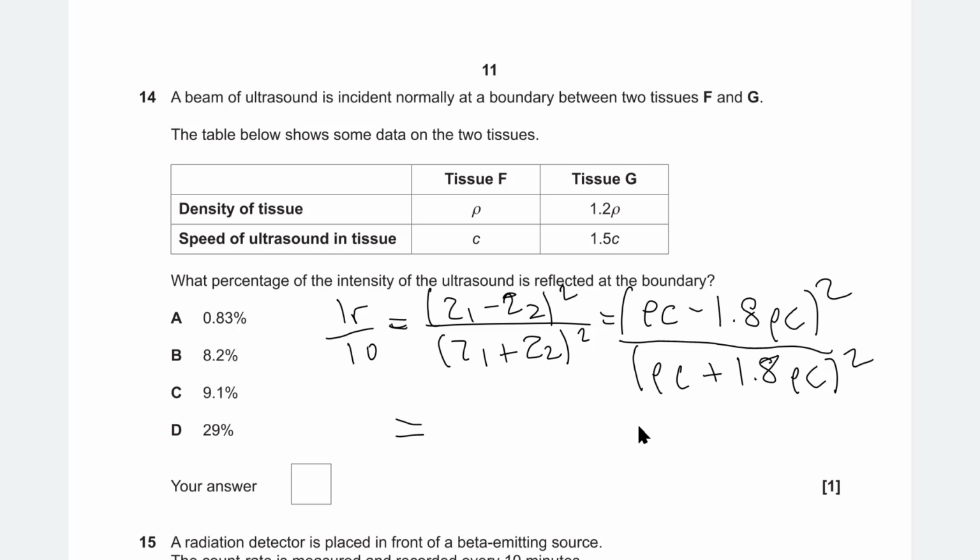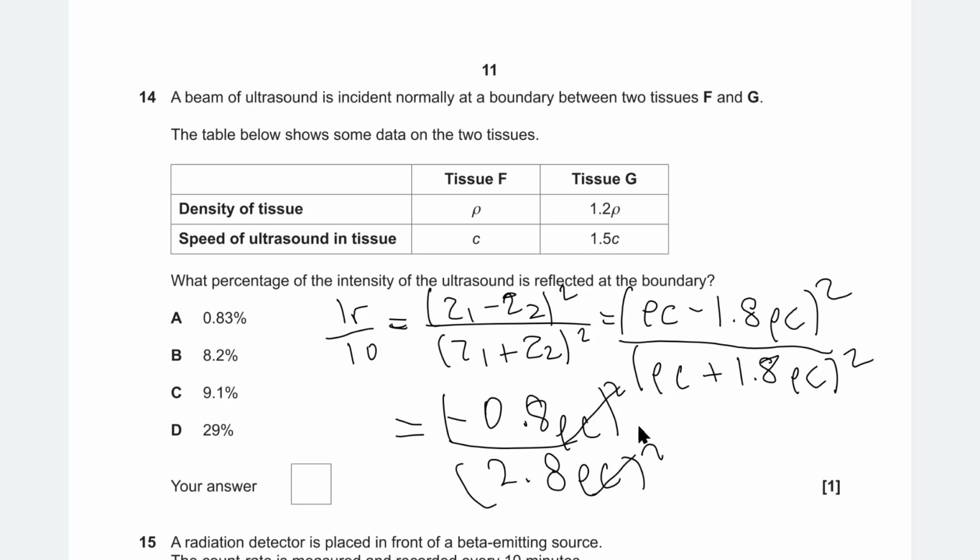Okay, well, this is essentially equal to minus 0.8 over, or, well, because it's squared, actually we can get rid of the minus sign in a bit, so minus 0.8 rho c squared divided by 2.8 rho c squared.